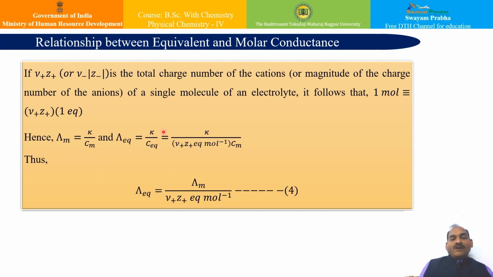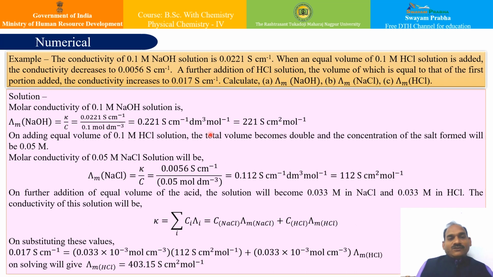Equivalent conductance is kappa upon concentration in terms of normality, and molar conductance is kappa upon concentration in terms of molarity. So if I substitute, equivalent conductance is equal to molar conductance upon nu plus z plus equivalent per mole. It can be derived very easily. This relationship is very standard, but the majority of the time we discuss the complete description in terms of molar conductivity. Based on this concept, let us understand the numerical.